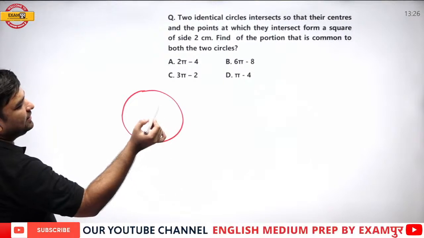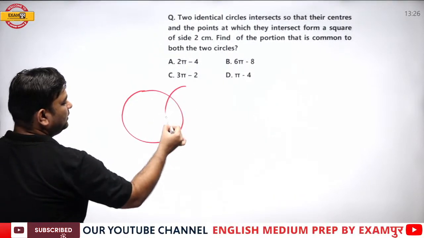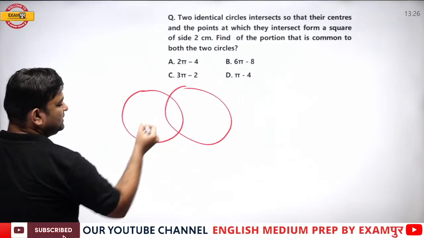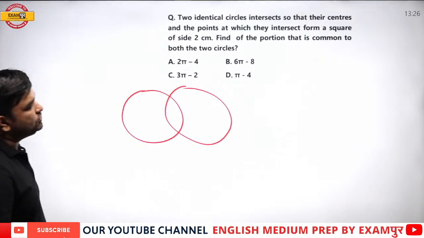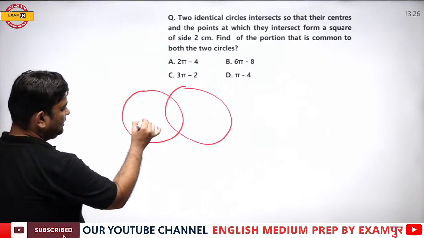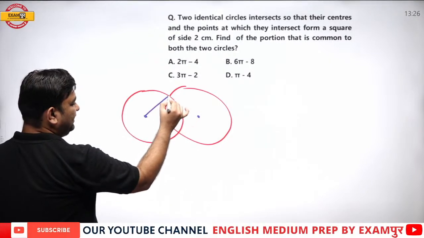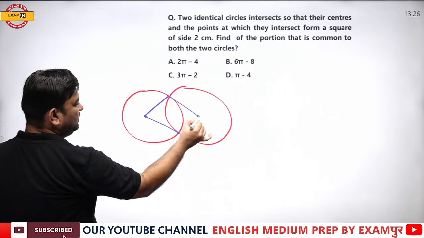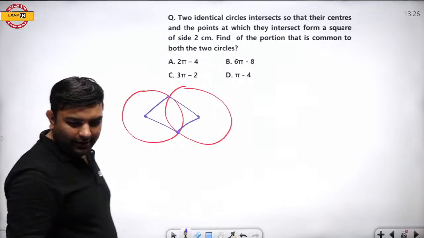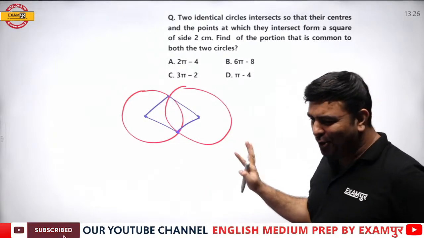Two identical circles intersect so that their centers and the points at which they intersect form a square. Is it looking like a square?